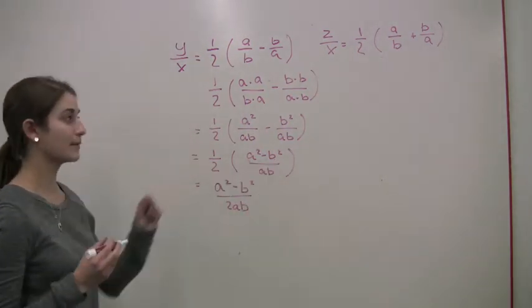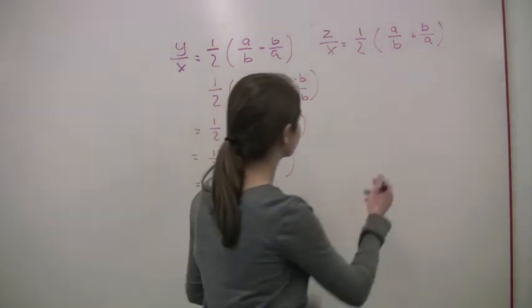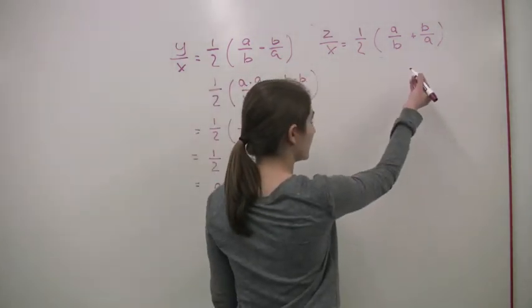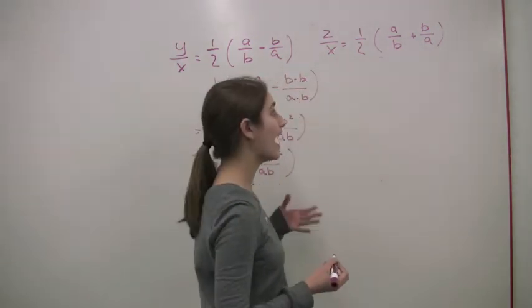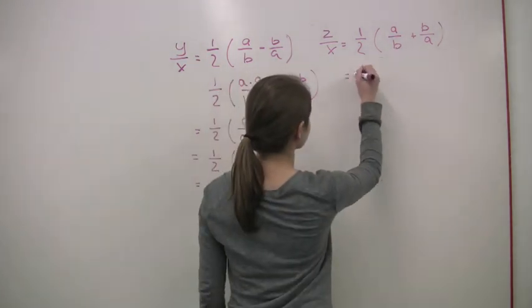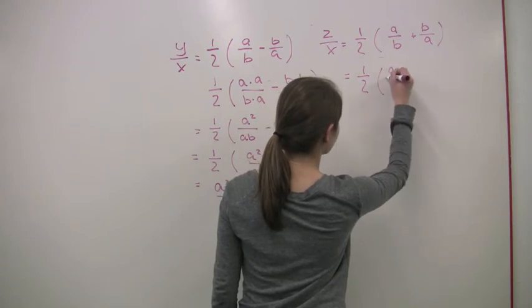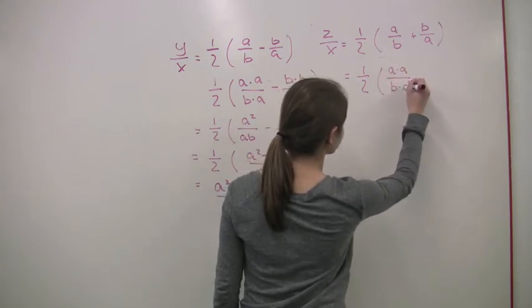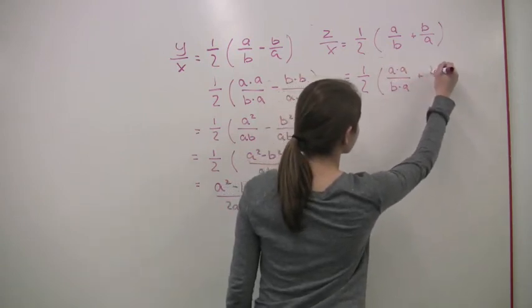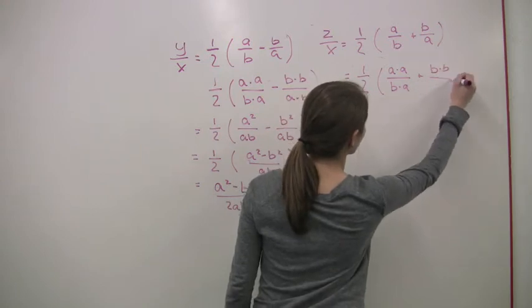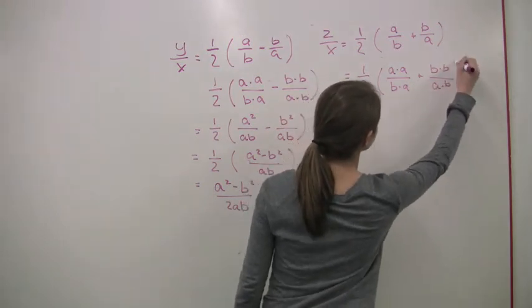The same process can be done with z over x. We must first find a common denominator, which is once again ab. We simplify to 1/2 times a over b times a plus b times b over a times b.